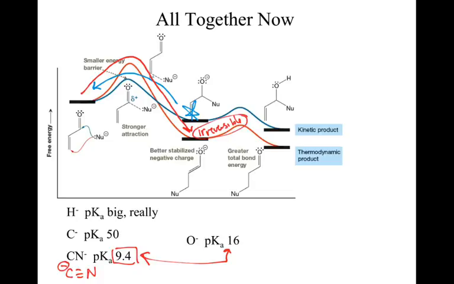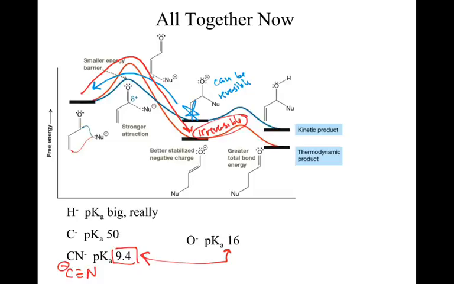That means once I've made it, I cannot undo it. The kinetic product can be reversible depending on the reagent. If it is reversible, then the thermodynamic product is the one that wins out, and I end up getting the 1,4 addition versus the 1,2.